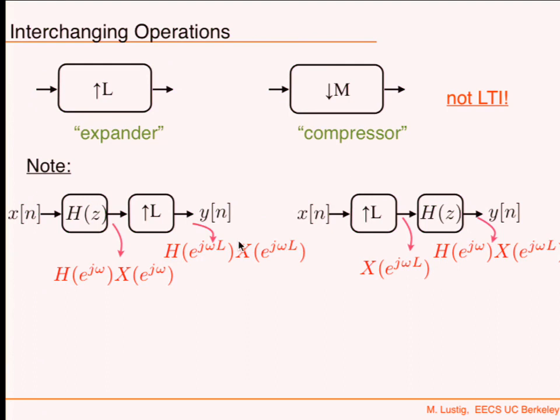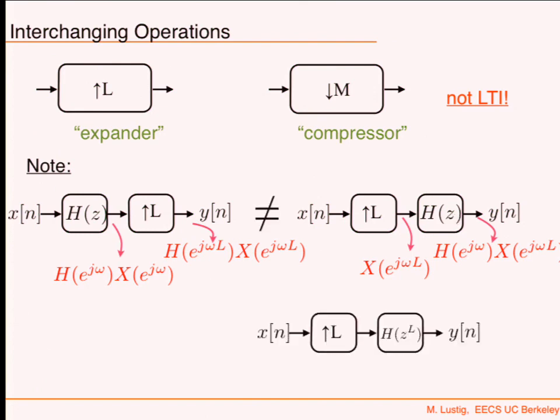But we can make them the same if we instead filter it by H(z^L), a compressed version of that filter, right? So we could potentially change those if we just filter that system with a modified system. They're not equivalent, but if I upsample by a factor of L and then filter with H(z^L), then I will get exactly the same thing.